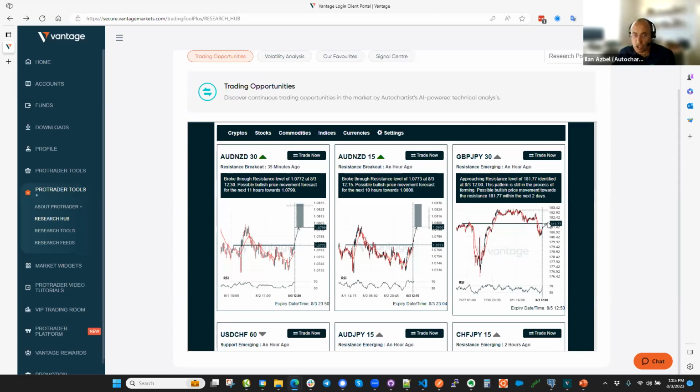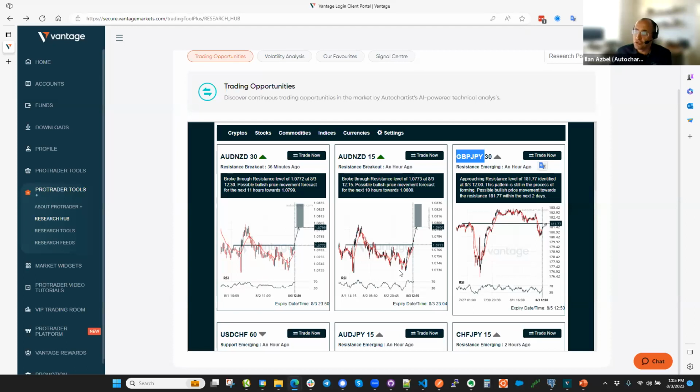They're still moving towards a certain level. We discussed how you have three possible scenarios of trading this kind of approaching level, in this example GBP JPY. You can either trade at the spot, breakout or reversion.